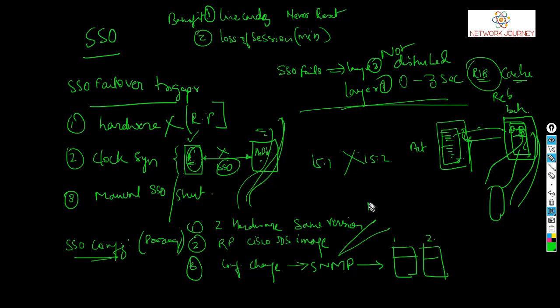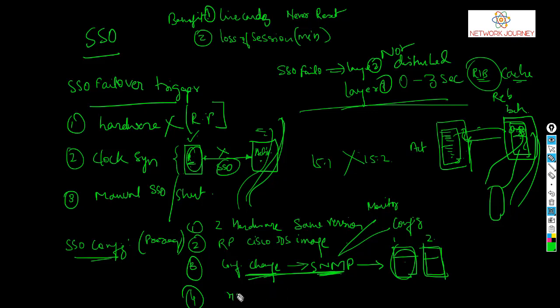One is monitoring and the second one is configuration. So we are talking about configuration SNMP. In the case of configuration SNMP, the secondary RP may not be able to configure via SNMP. Whatever configuration we do on the active box via SNMP is not applied on the secondary box.